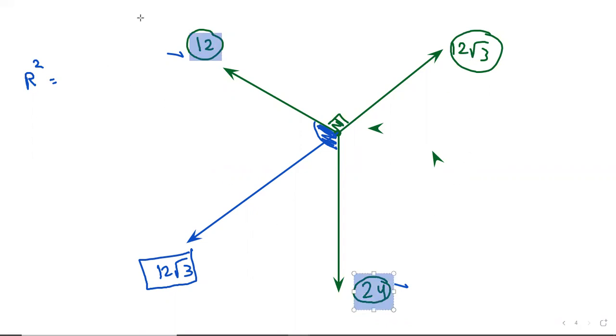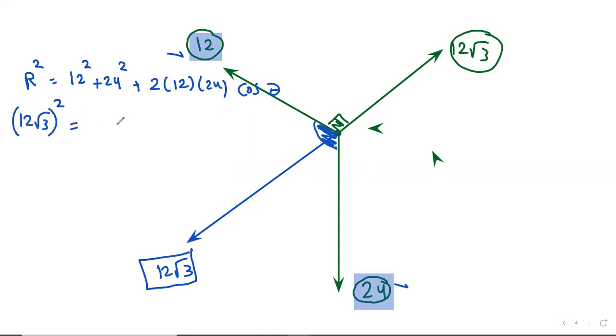So R squared equals 12 squared plus 24 squared plus 2 multiplied by 12 multiplied by 24 cosine theta, where R is 12 root 3 squared. Following the same steps leads to the angle between them, and after that you subtract from 360 the sum of the two angles you have got, which is 90 and this angle.